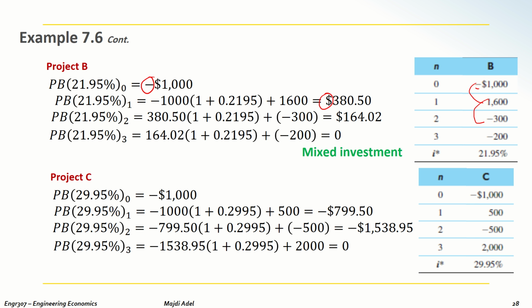And at the third year, it should equal 0. If you see, it starts negative, negative, negative, and at the end it's 0, so it is a pure investment. But if you examine the cash flow, it starts negative, one sign change, two sign changes, three sign changes. It is non-simple.